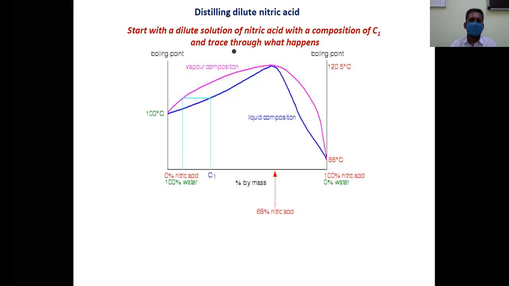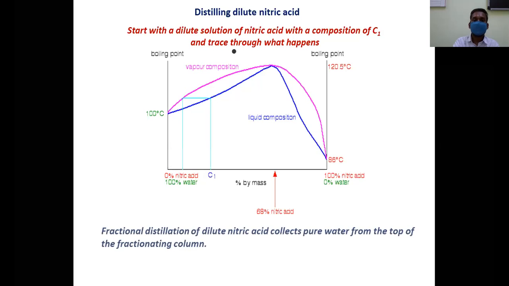You start heating the solution. The liquid with lesser boiling point will distill first, will vaporize first. That is what we have learned, is it not? But actually, it doesn't work in that way. See what happens. The vapors which are coming out when you are going to boil dilute nitric acid are actually those of water.